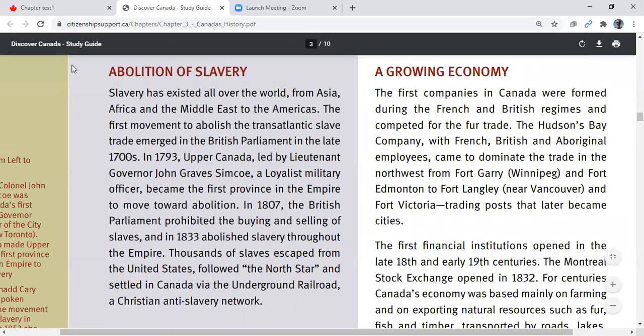In 1807, the British Parliament prohibited the buying and selling of slaves, and in 1833 abolished slavery throughout the empire. Thousands of slaves escaped from the United States, followed the North Star, and settled in Canada via the Underground Railroad, a Christian anti-slavery network.